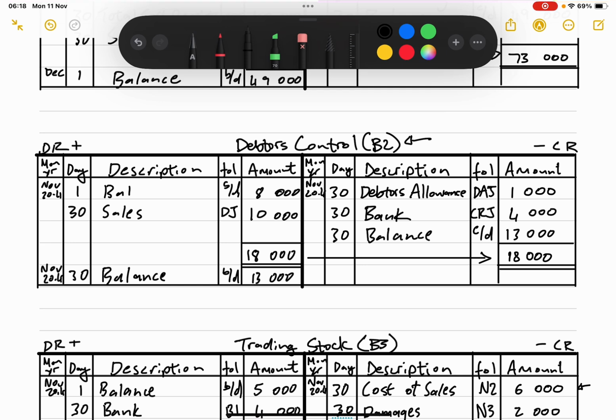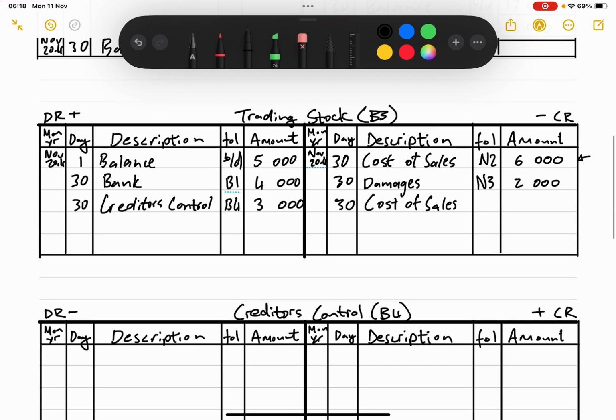Here, debtors control, we had 10,000 rands worth of sales. So let's say 5,000 rand. Is it going to balance? No, there's no way it's going to balance. So let's say from our creditors, we actually bought 7,000 rands worth of stock. There we go. And our cost of sales is our N2.